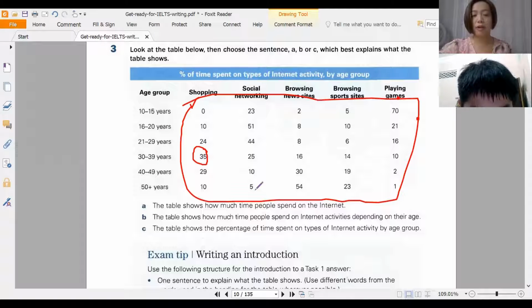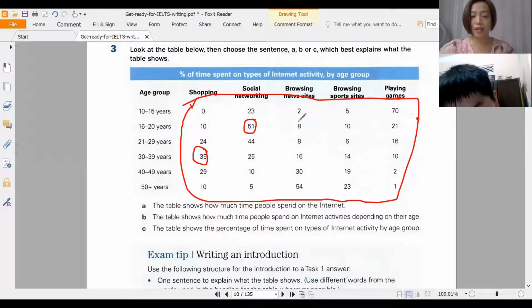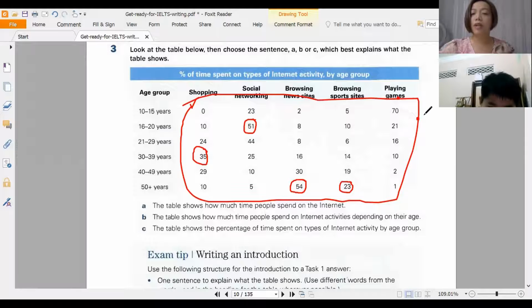The biggest number, 51. Or maybe 44 is very close to 51, right? Keep going. Yes. Browsing news sites. Which one? 54, the last one. Yes, very good. What about browsing sports sites? The last one also. Good. Playing games. First one. Okay.